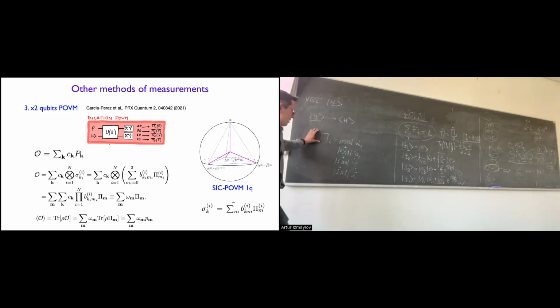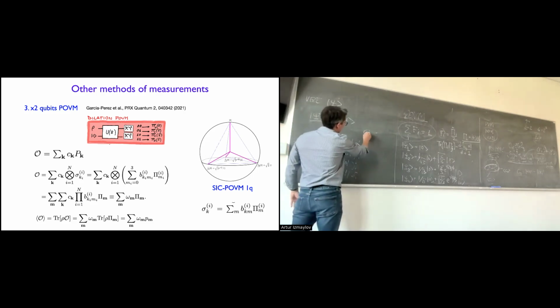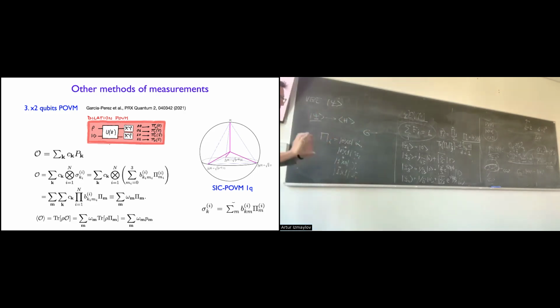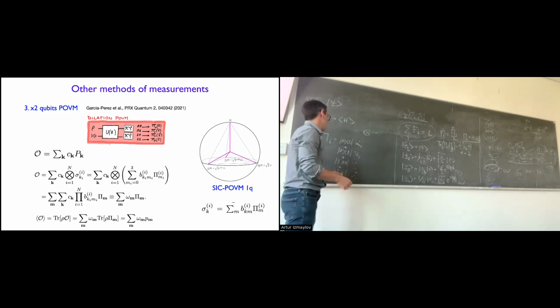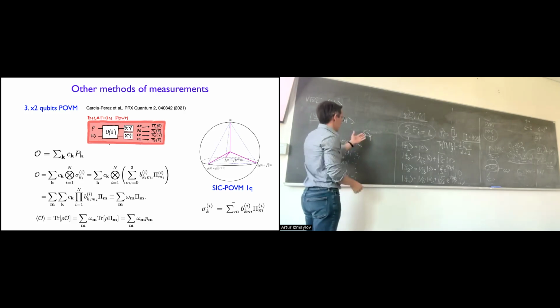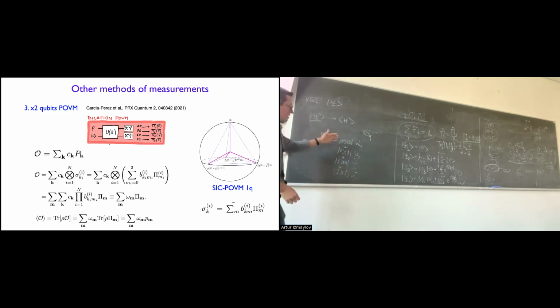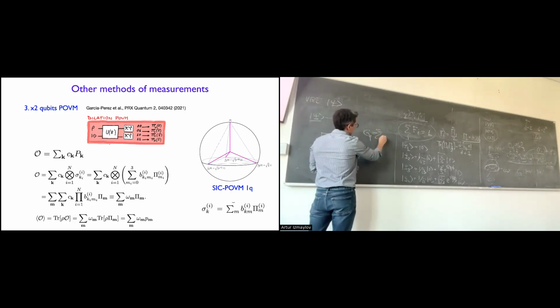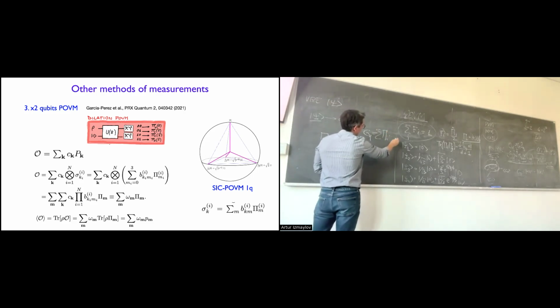In order to create projectors like this, let's consider a single Pauli case, but you can extend it to a multi-qubit Pauli, because for every qubit you do exactly the same. So let's say you have some sigma q, and the idea is to present sigma q as a linear combination of these projectors multiplied by some coefficients.